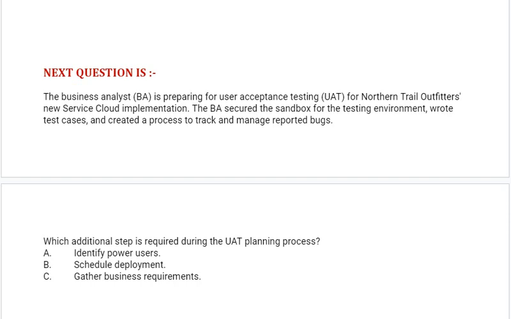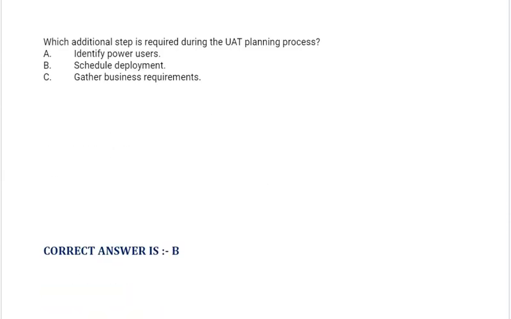Which additional step is required during the UAT planning process? Option A: identify power users. Option B: schedule deployment. Option C: gather business requirements. Correct answer is option B.